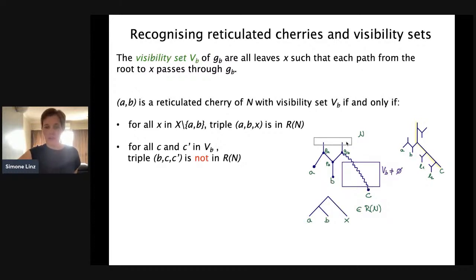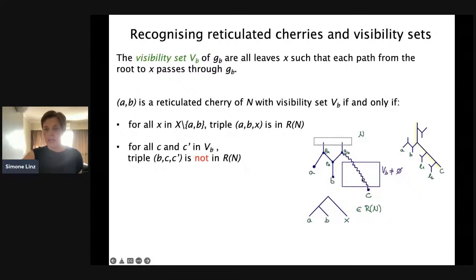That's the first condition. Then suppose that the visibility set contains at least two elements. Let's call these two elements C and C prime. They're both elements in V of B. Then what we do not want to see in this case is the triple BC|C prime. So BC|C prime is not in R of N. Why is this?